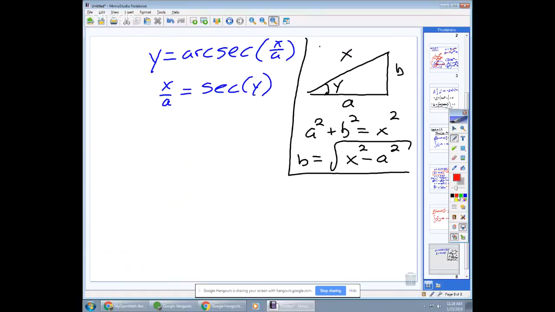All right, let's do our implicit differentiation. To do that, I'm going to rewrite this one more time as x equals a times the secant of y. And we take the derivative with respect to x of each side here. What happens on the left? 1. a is a multiple, so I just go a times the derivative of secant.